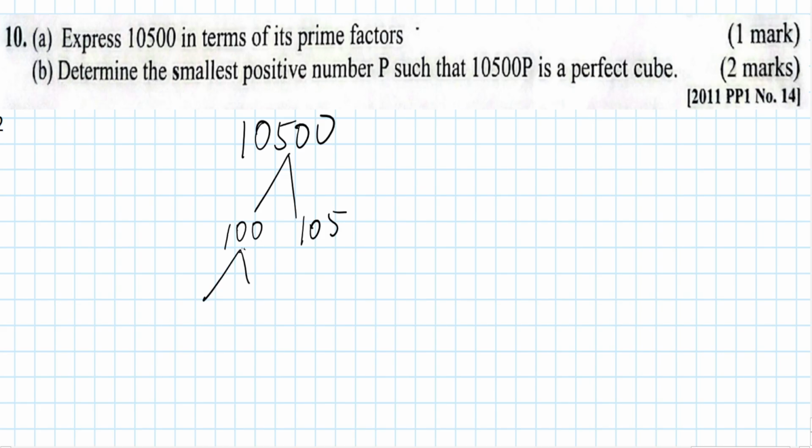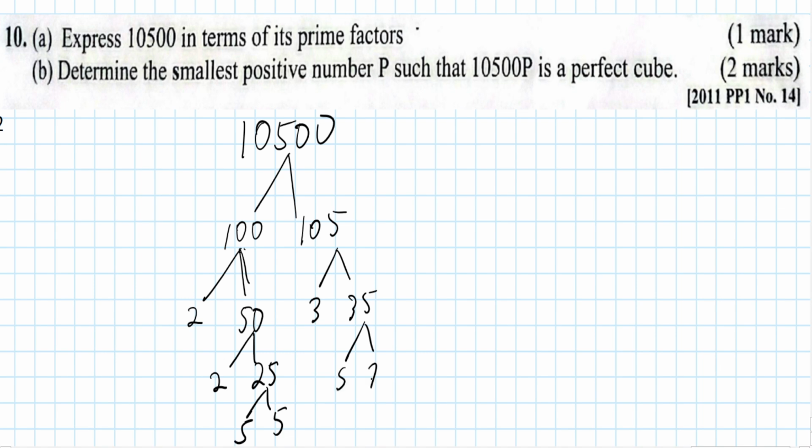Then 100, you can divide by 2 to give you 50 and 2. So divide by 2, 25 and 2, then 5 and 5. 105 obviously cannot be divided by 2, so 105 can be divided by 3 to give you 35 and 3. Divide by 5, which gives you 5 and 7.